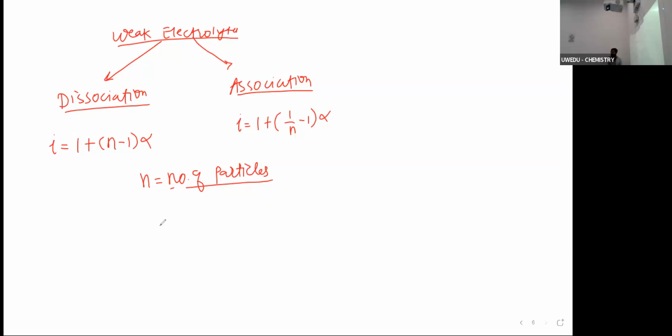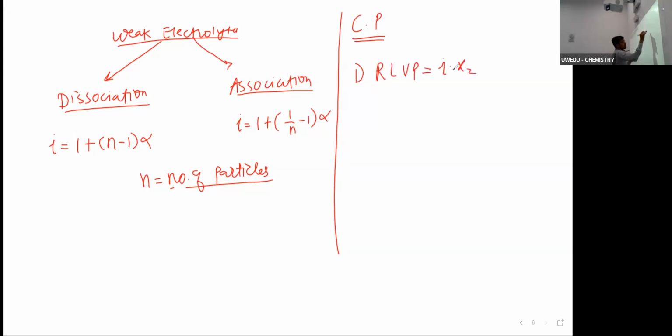Clear? Now, why are we studying the I value? Because now the formulas of all these colligative properties will change. Like relative lowering of vapour pressure is equal to I into X2. Delta TB is equal to I into KB into molality. Delta TF is equal to I into KF into molality.